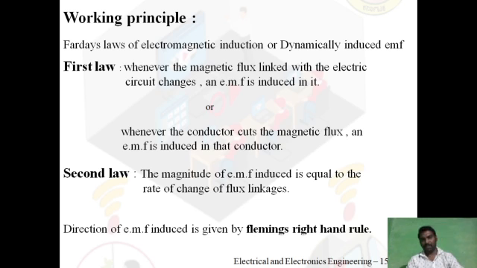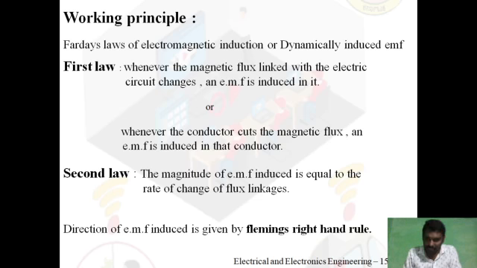We have seen how the EMF is induced. And the second law: the magnitude of EMF induced is equal to the rate of change of flux linkages. Based on the speed at which the flux is cut by the conductor, the magnitude of the EMF induced increases. If the rate of change of flux or the flux cutting increases, the EMF induced in the conductor also increases.